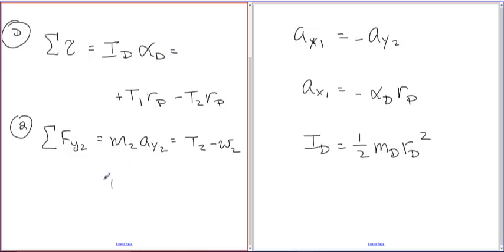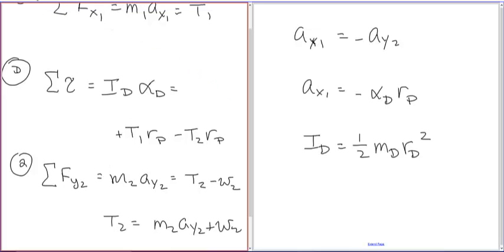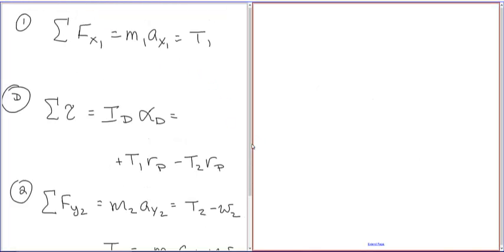So what you'll get is T2 is equal to M2 a sub y2 plus W2. And we'll add a page here and we'll substitute everything in. So let's start. We'll solve for alpha for the disk, and then we can always do it the other way. Once we have alpha for the disk, we can calculate a_x1 and a_y2.